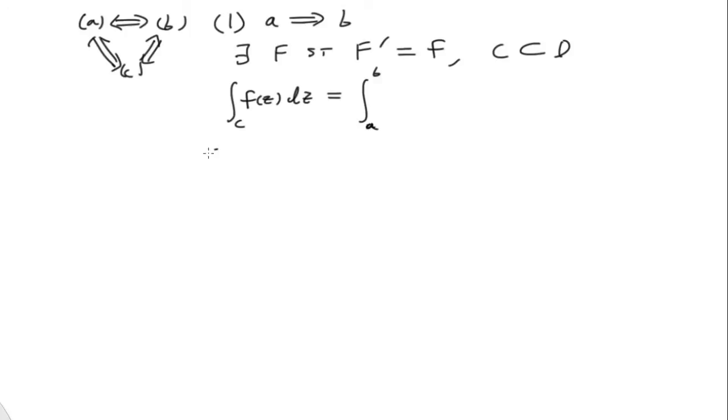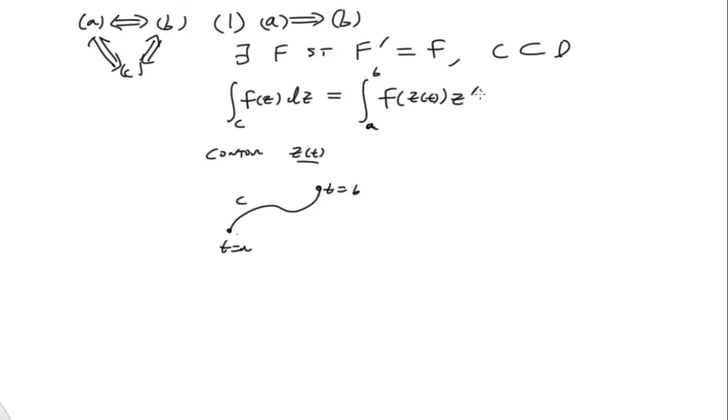We have a contour z of t, which traces out our contour like so, with some point t equals a and t equals b. We're parameterizing it by z of t, and we can write it as f of z of t times z prime of t dt.